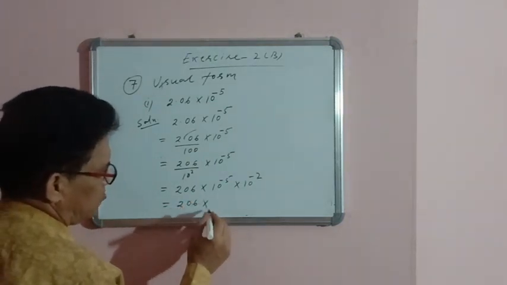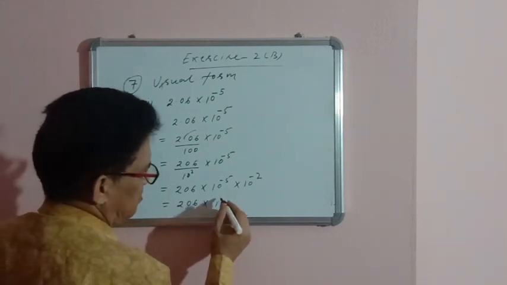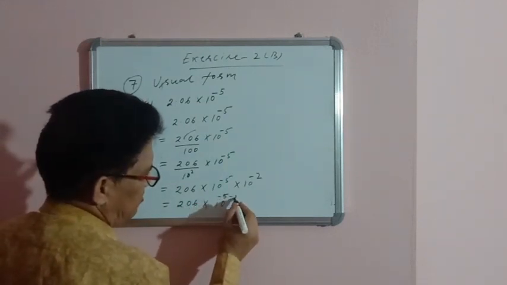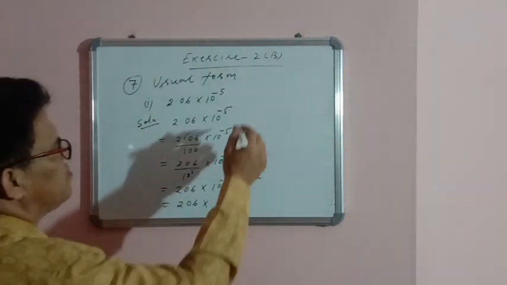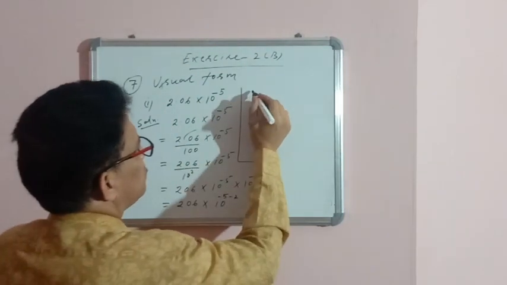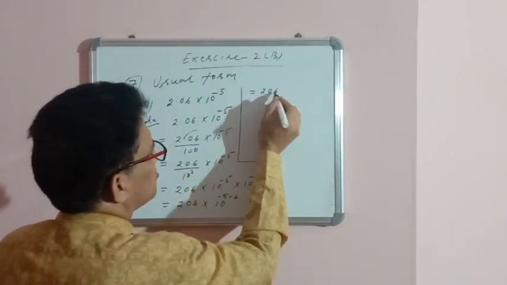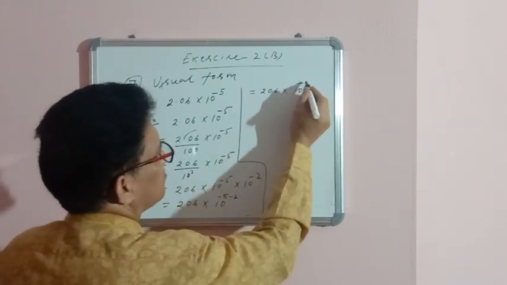Now, laws of exponents are applicable here. Minus 5 minus 2, so we are getting 206 into 10 power minus 7.